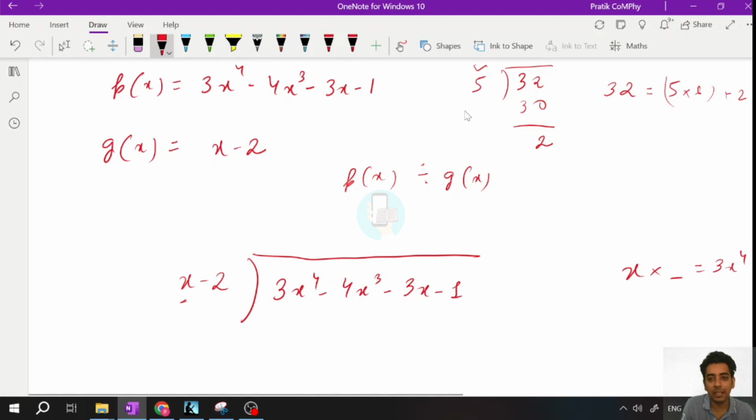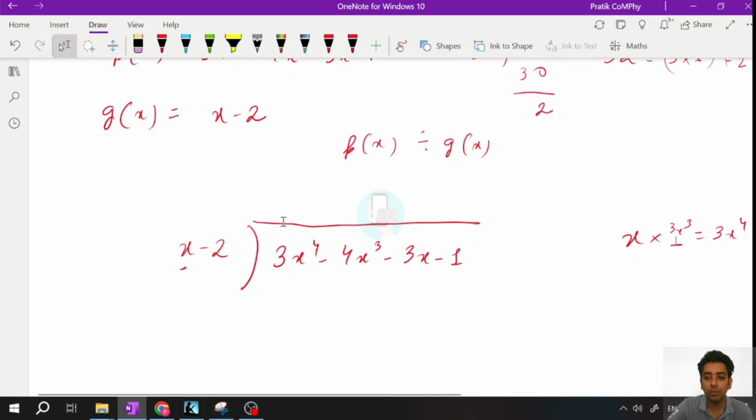I have to multiply nothing but 3x cube, right? This is how we have explained divisions in junior grades as well. Now 3x cube cannot be multiplied with just x, it will be multiplied with -2 also. So I am multiplying 3x cube, so I'll write 3x cube above and I'll get 3x to the power 4.